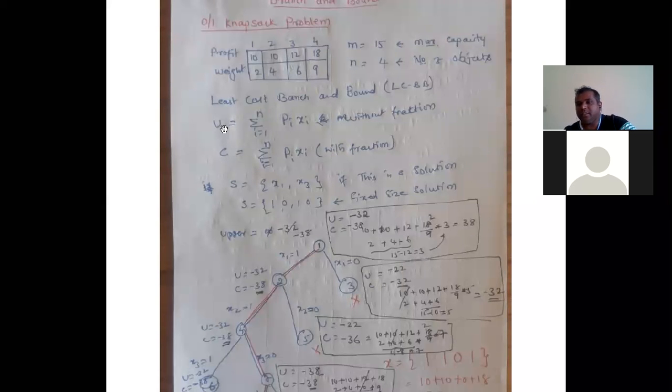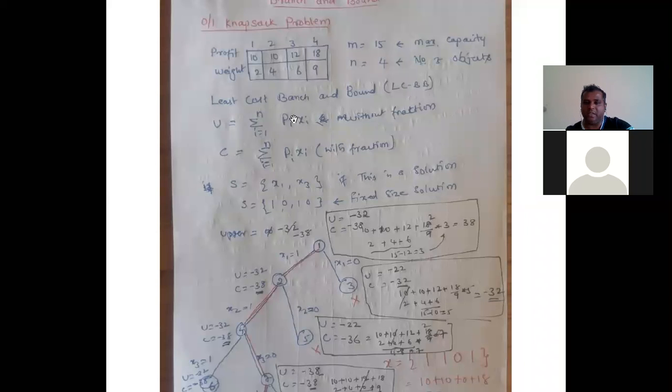There are 2 functions we need to evaluate to generate the nodes of a solution space tree. One is the U function, which is the sum of the product of profit pi and solution vector xi. This is a discrete function, that means without fractional part: the xi solution vector contains only zeros and ones.